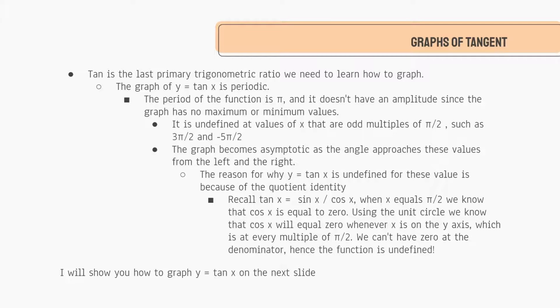Because if we use the unit circle, we know that whenever cosine is at the y-axis, the value would be 0. If cosine of x equals 0, that means that our function of sine x over 0 would be undefined because we cannot divide by 0. That is the reason why tan of x is not defined for those values. Now I will show you how to graph the function of tan of x.